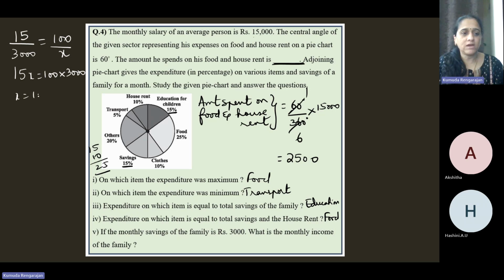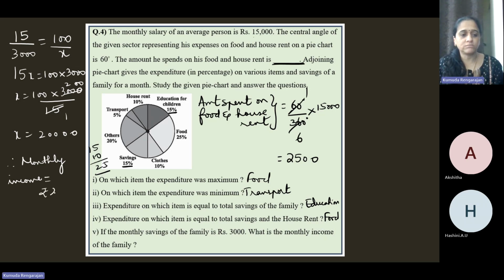X is equal to 100 into 3,000 divided by 15. So x is equal to 20,000. Therefore, write down: monthly income is equal to rupees 20,000.